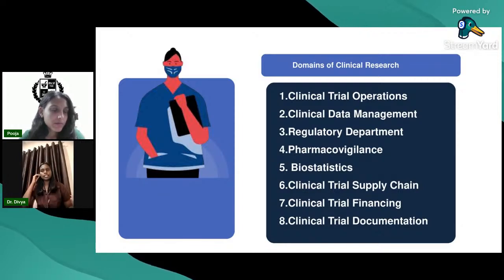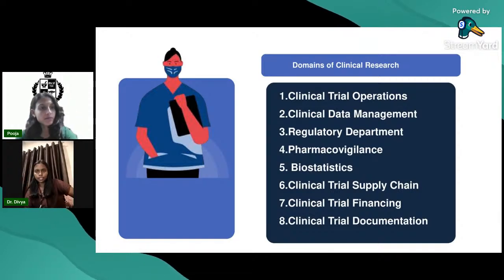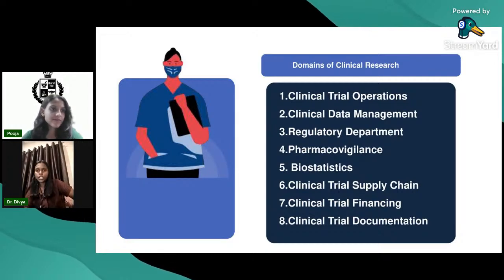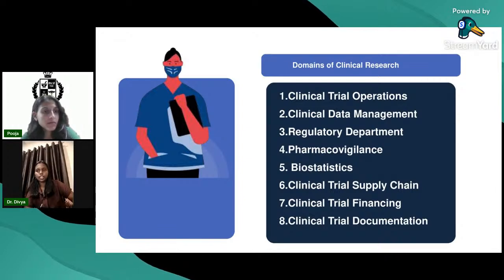These people will design the budget of the trial. If you are planning to procure anything, they will do the negotiation, check the quality, and find out which is a billable cost and which is not. So these people look after the financial aspect of the clinical trial.